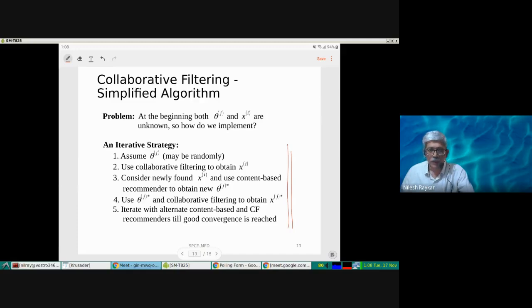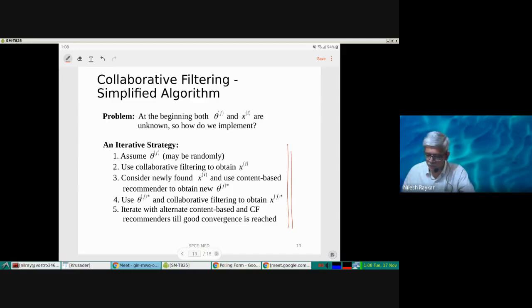A more accurate or more efficient way of handling this problem is to define your error term in terms of both theta and x. In content-based filtering, we define the error term in terms of the unknowns, which are theta, and in collaborative filtering, we define the error term in terms of x.